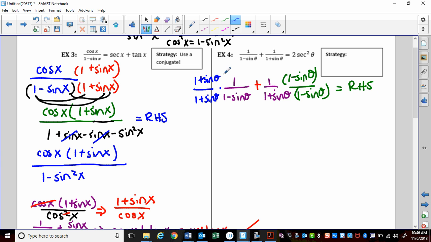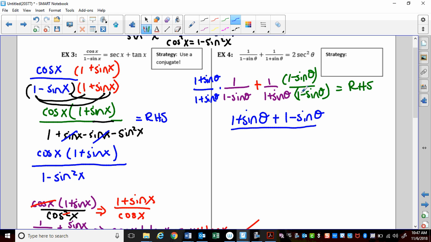Okay, now I'm multiplying the numerator and the denominator. So my numerator is going to be 1 plus sine of theta plus 1 minus sine of theta, all over this denominator, which is 1 plus sine of theta times 1 minus sine of theta.